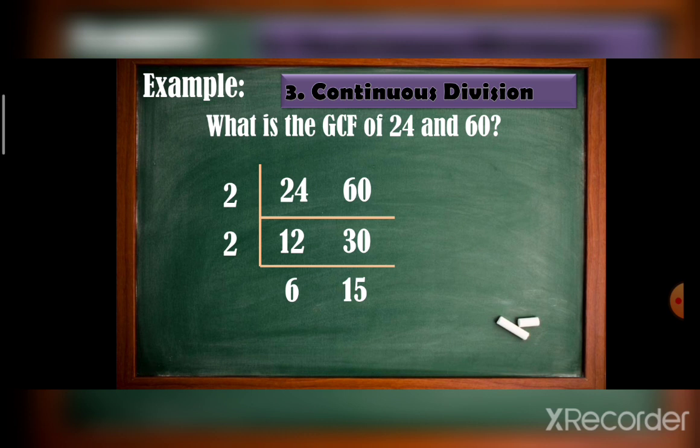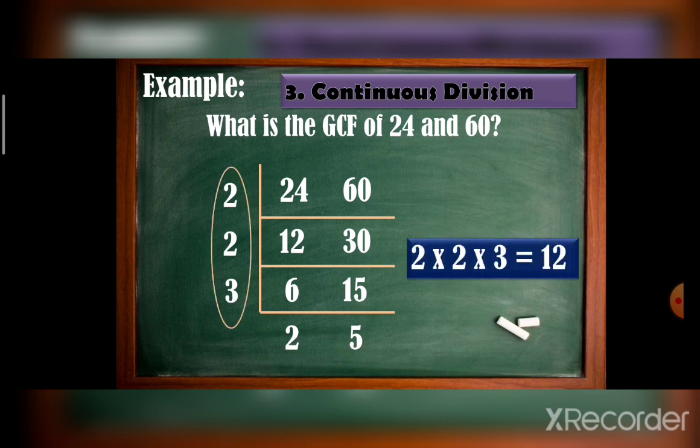Ngayon, mag-iisip naman tayo ng number na pwede nating i-divide kay 6 at kay 15, yun ay ang 3. 6 divided by 3 is 2, and 15 divided by 3 is 5. Kung makikita natin yung nasa left side na number, imumultiply lang natin yung tatlong yon, ayun na ang magiging GCF natin using continuous division. So, 2 times 2 times 3, and that is 12. Ibig sabihin, ang GCF ng 24 at ng 60 ay 12.